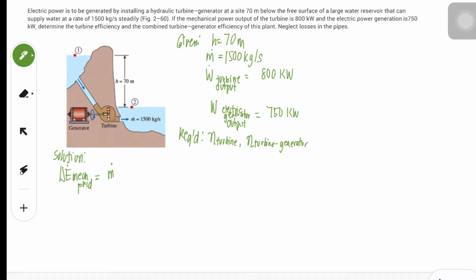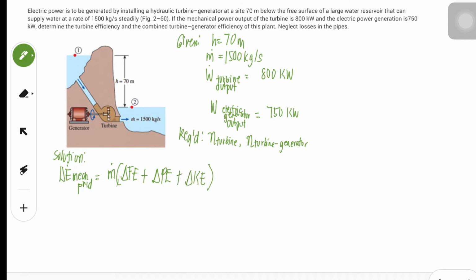In the mechanical energy of a fluid lesson, we have the so-called flow energy, the pressure over the density, plus the change in flow energy, plus the change in potential and kinetic energy.